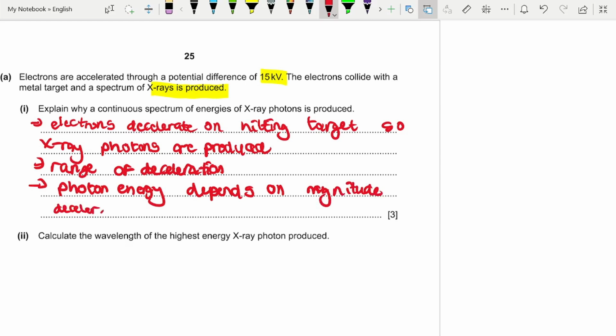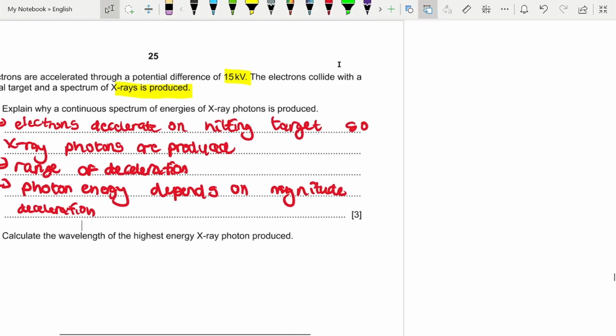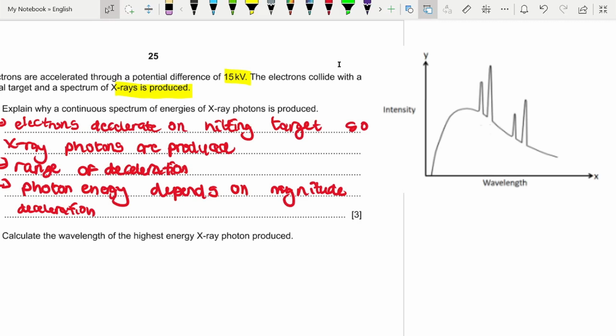Okay, on magnitude of deceleration, right? And in case you're wondering why the shape is like that, it's a normal distribution curve, guys, because it's probability. In an exam, you write a test, very few people pass, very few people fail, the rest are in the middle. The same with here. You're going to have electrons on a range of energies, starting with an initial wavelength, because the wavelength corresponds to the initial energy produced.